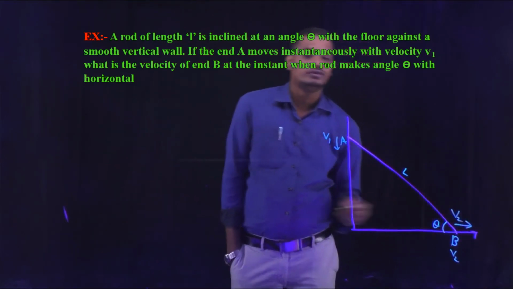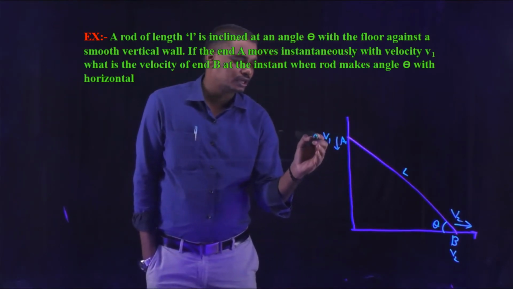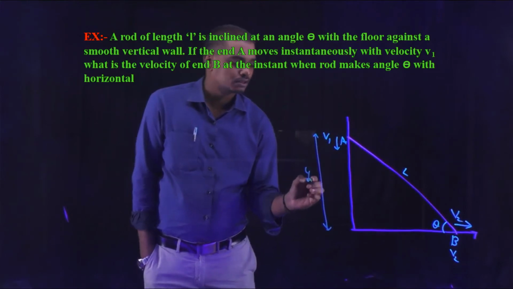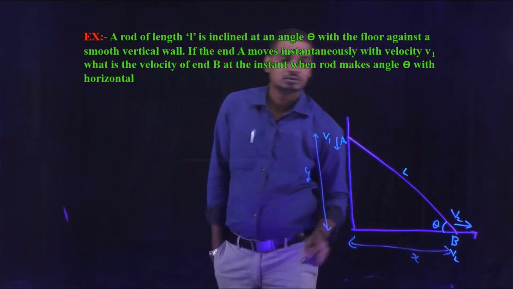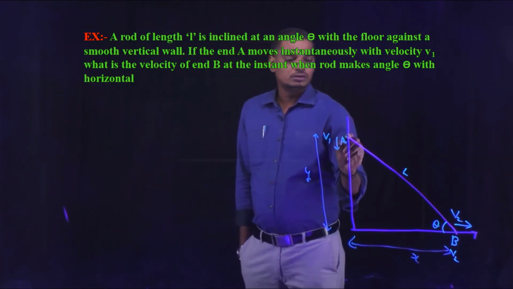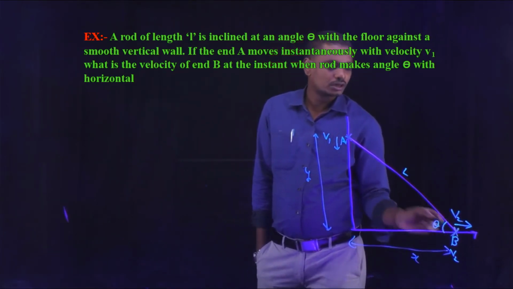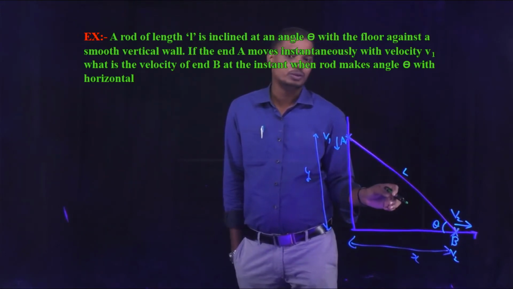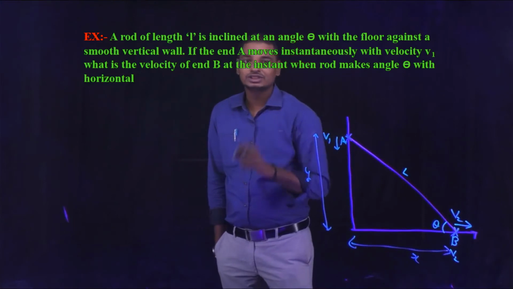At any instant of time, let the distance of A be y and the distance of B be x. Okay. So here the velocity of A and the velocity of B both depend on one another. It is a constrained motion.